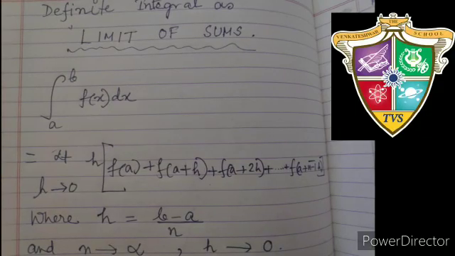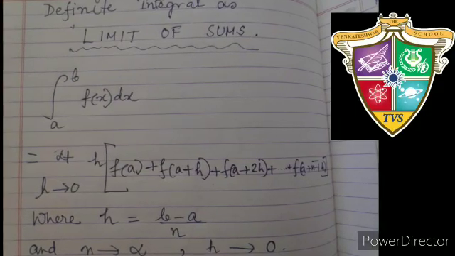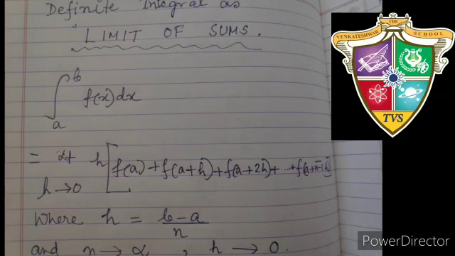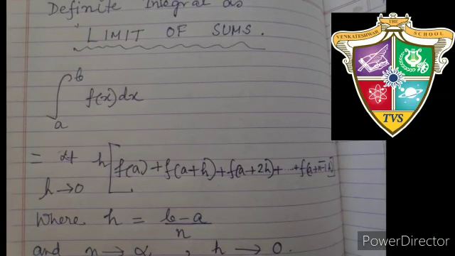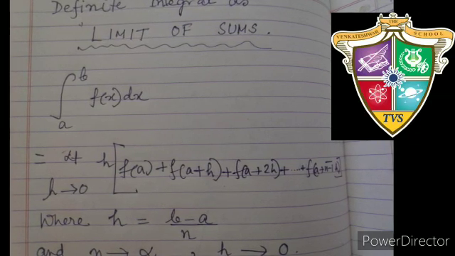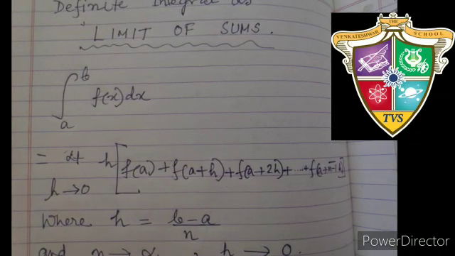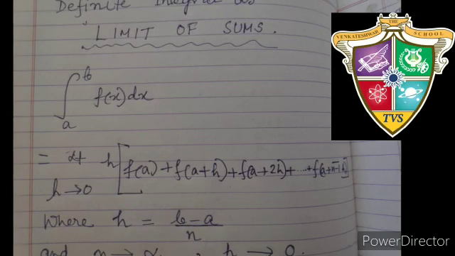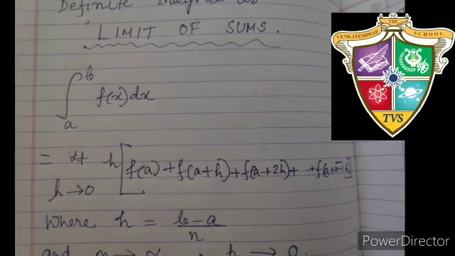Hello student, you know definite integral can be represented as limit of sum and the formula is integral from a to b f(x) dx equals limit h tends to 0, h multiplied by a sum of all the areas.